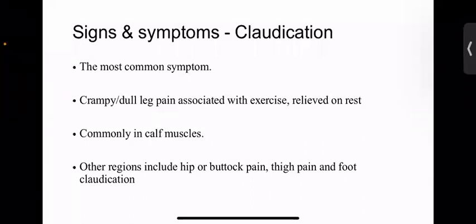When they sit down for about 10 to 15 minutes, the pain resolves completely before they are able to continue walking. Commonly, like I said in the previous slides, the calf muscles are affected because of the predilection for femoral popliteal arteries. Other regions I've mentioned in the previous slides are listed below.